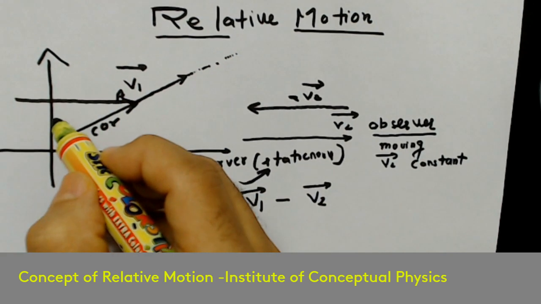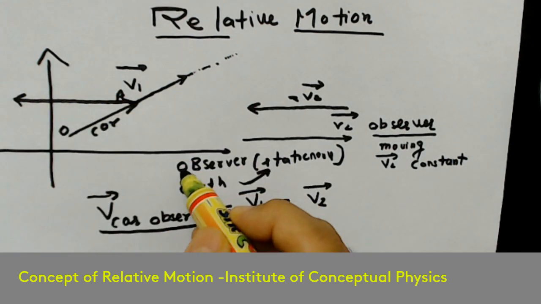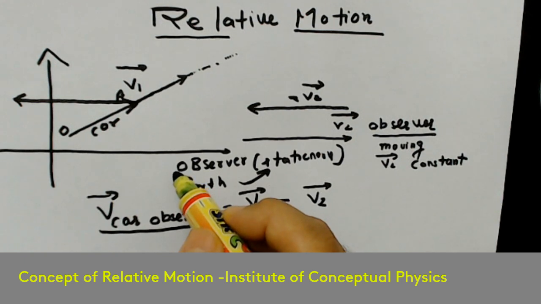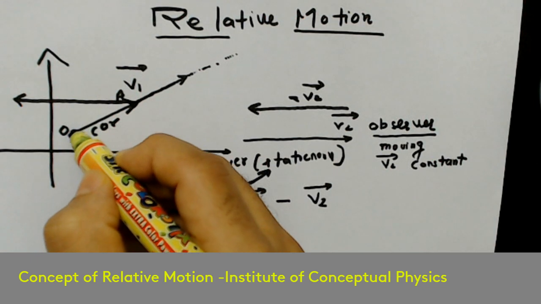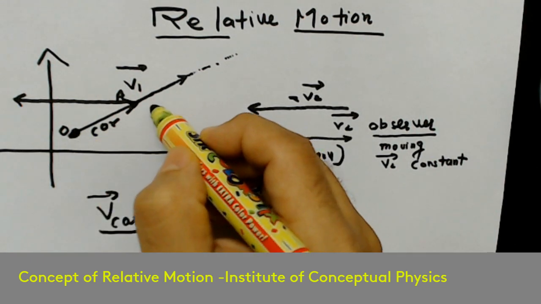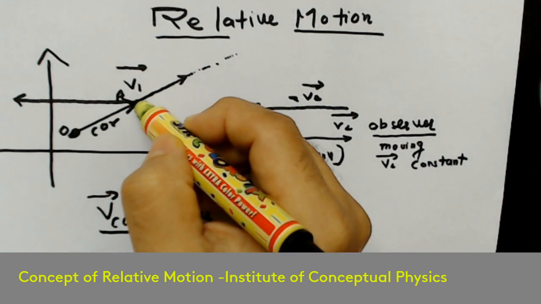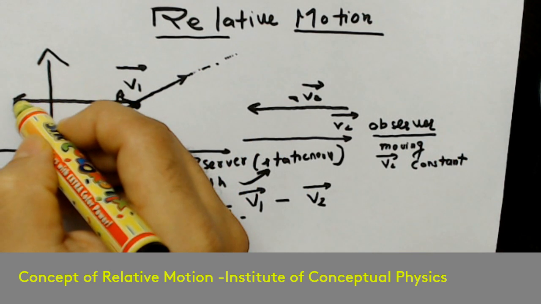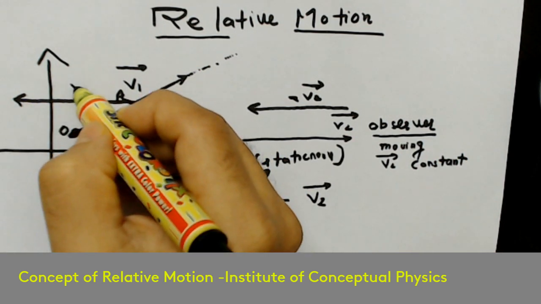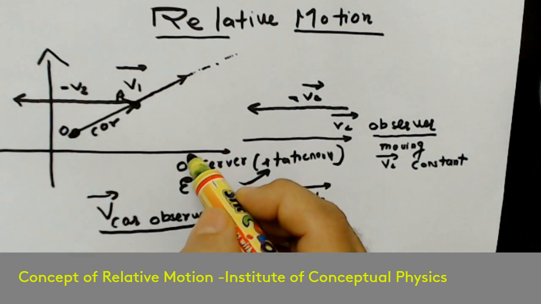And the velocity vector of the car and the velocity vector of the observer have been connected with the help of the tail and head method, right? So this is a tail of the car, and this is the head of the car's vector, and this also represents the tail of the observer's velocity, but in the inverted direction. So this is your observer velocity, but it is minus v2, right?